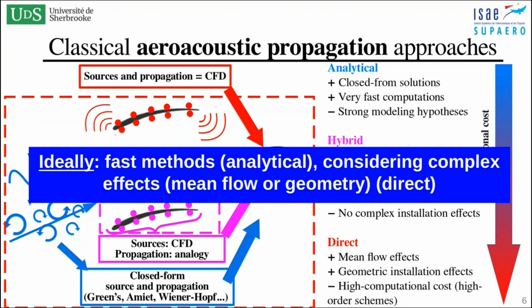Ideally, for the pre-design phases I mentioned, we would like fast methods that take into account as many complex effects as possible, basically the mean flow effects and the geometrical installation effects.